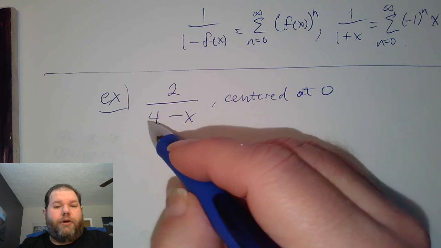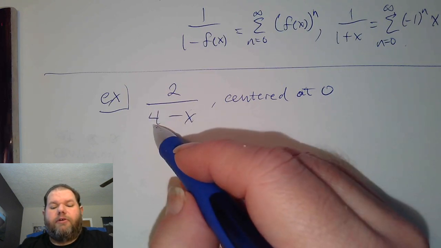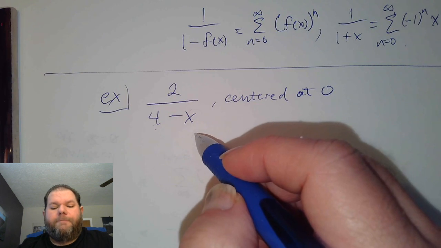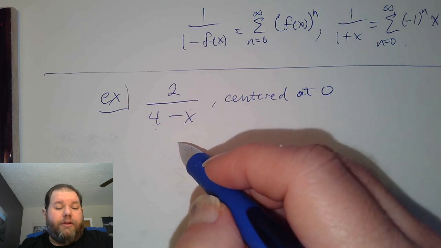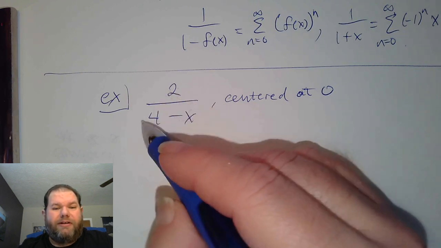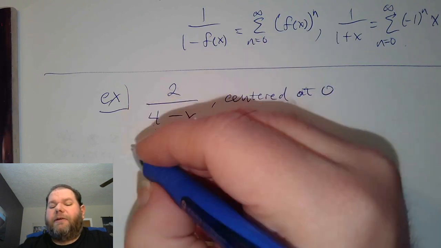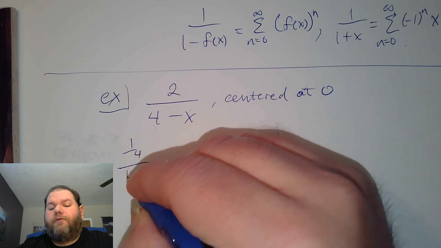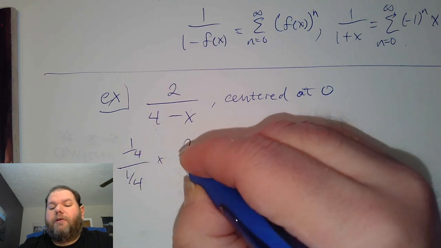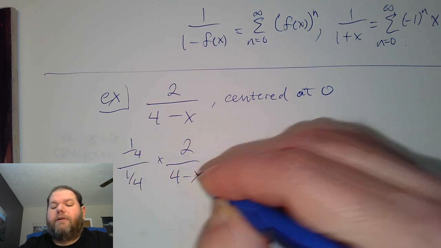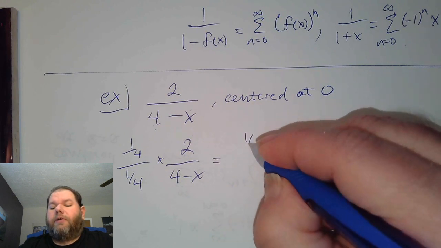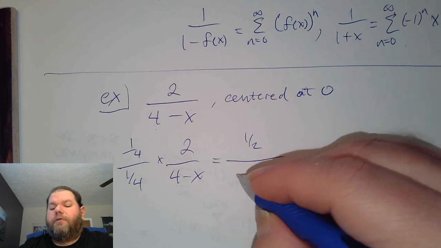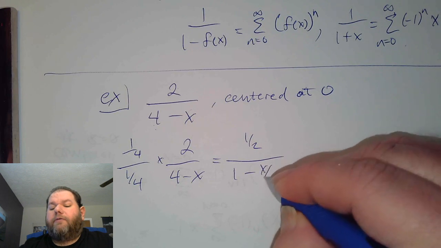We want to make this a 1. So the only way we know to make this a 1 is really just to divide everything by 4. So we multiply 1/4 on top, 1/4 on bottom, times 2 over 4 minus x. So that'll give us 1/2 on top over 1 minus x over 4.